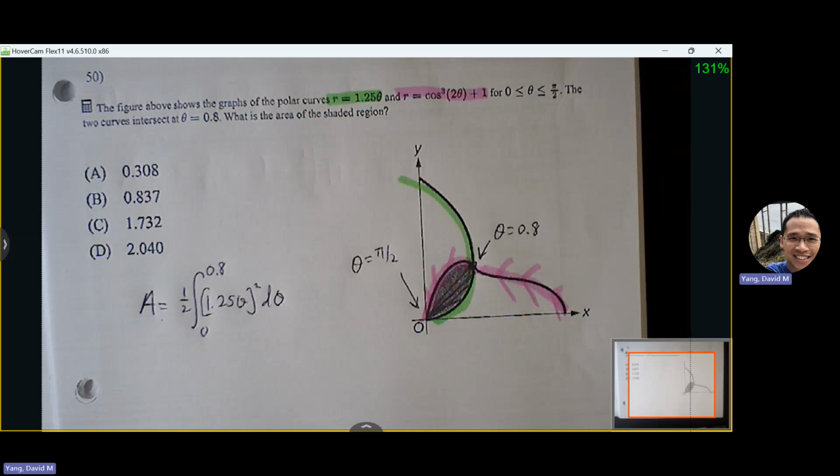So this piece here is what this is doing. And then at 0.8, it's going to pick up and start hitting the other graph until it gets all the way to pi over 2.